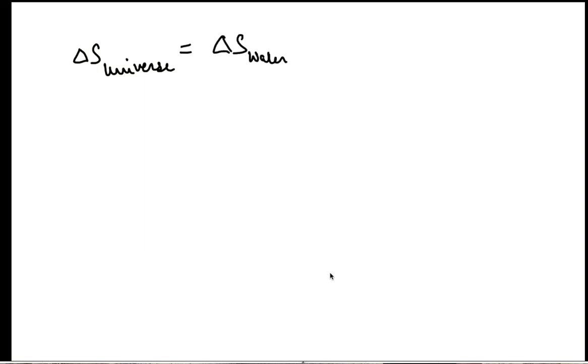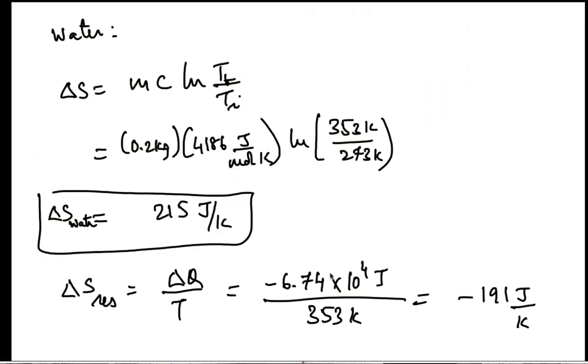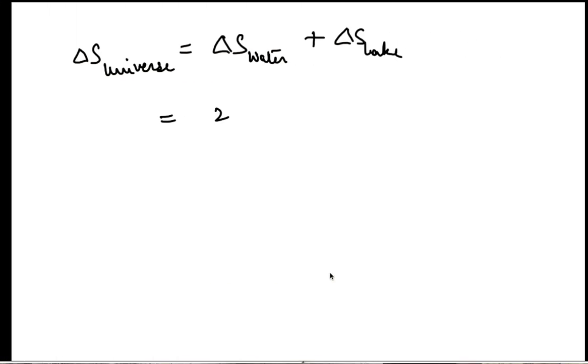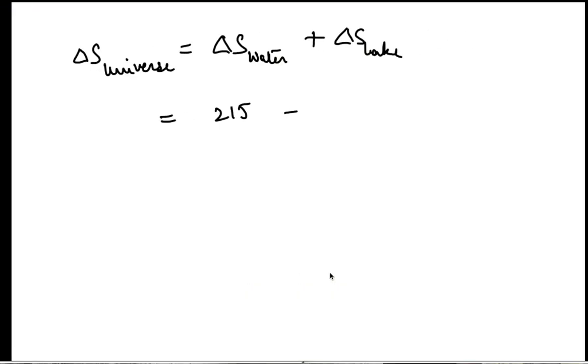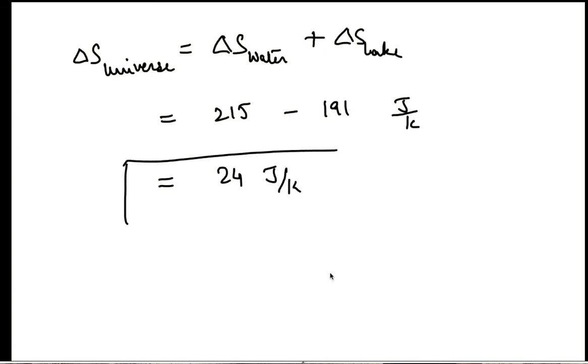For the water, 215 minus 191 joules per Kelvin. That's 24 joules per Kelvin. Okay, so again, the change in entropy of the universe is positive.